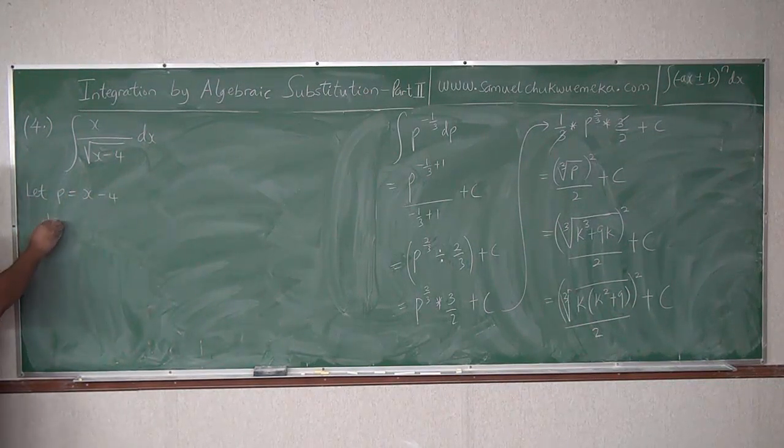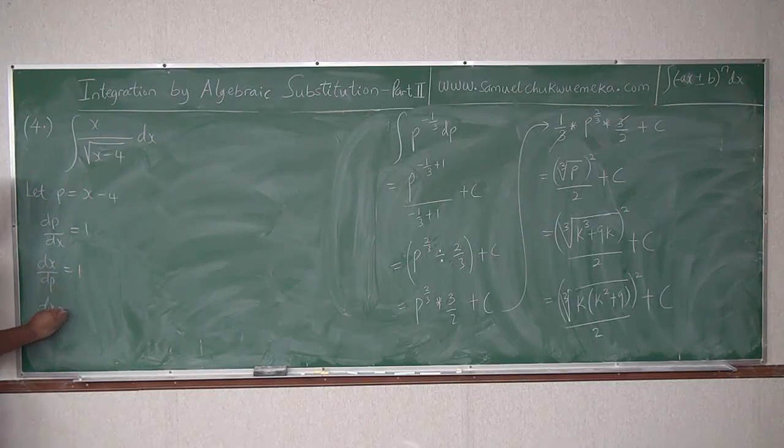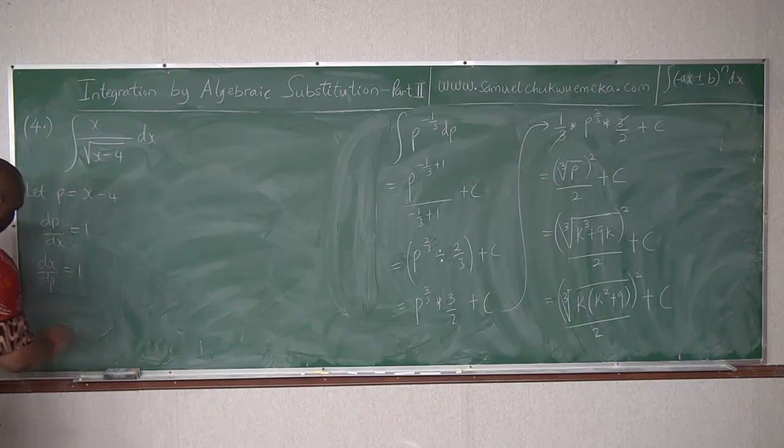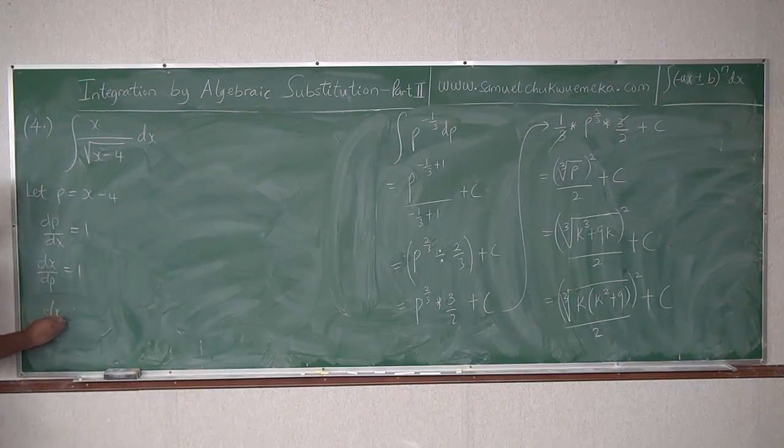Then dp dx is 1, so dp is dx. No problem, we're going to use this. I just want to use yellow chalk to circle it.